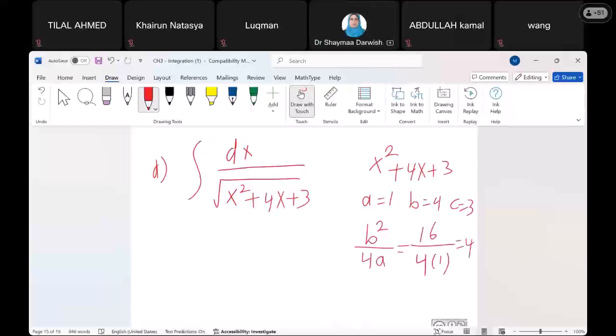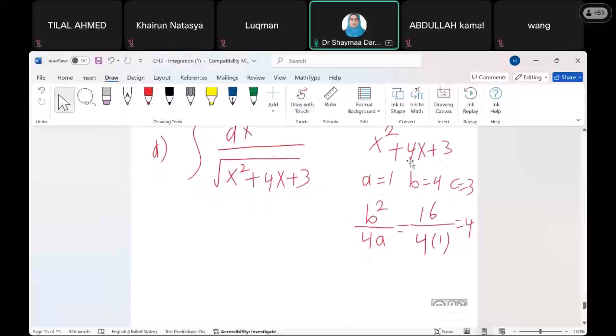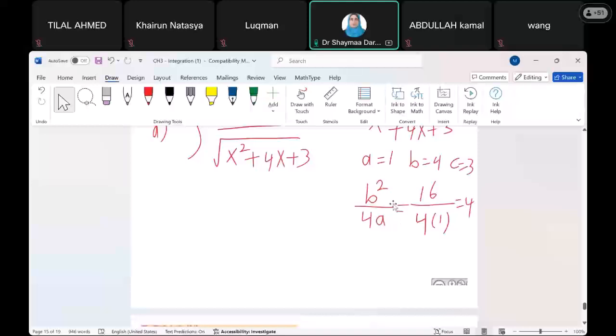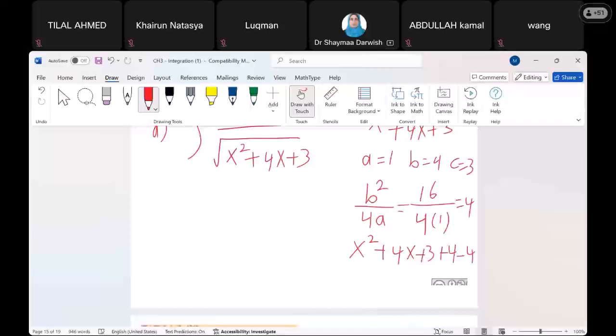So 16 over 4 equals 4. Okay, so you have to add 4 minus 4. So x squared plus 4x plus 3 plus 4 minus 4. Now x squared plus 4x plus the number I add is a complete square. It is equal to (x plus 2) squared.